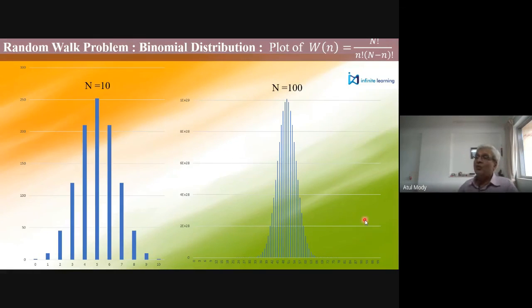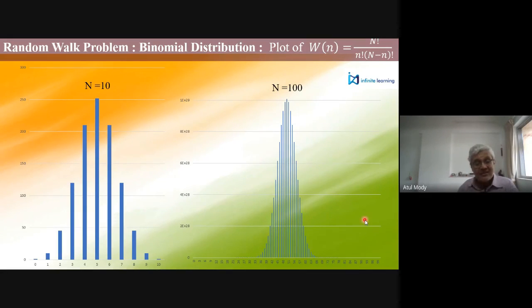So on average, we expect N times P, 1/10 of the gas molecules on the left half, 9/10 on the right half. If I ask you what is the probability that all the gas molecules will go onto the left half, then you'll say, sir, that's going to be very, very small.